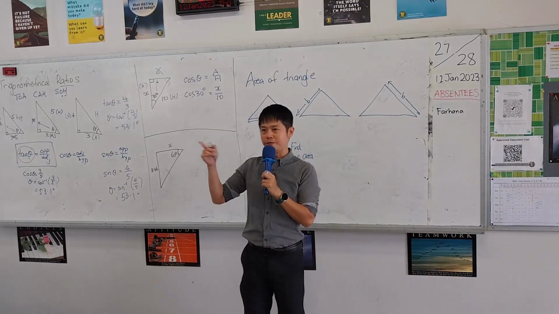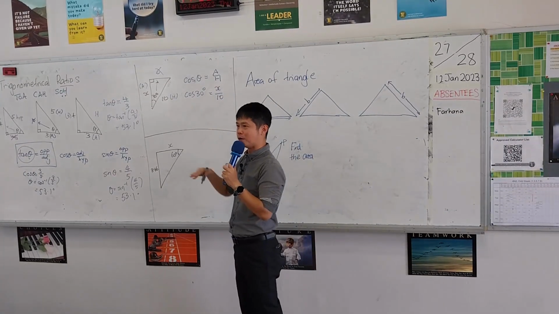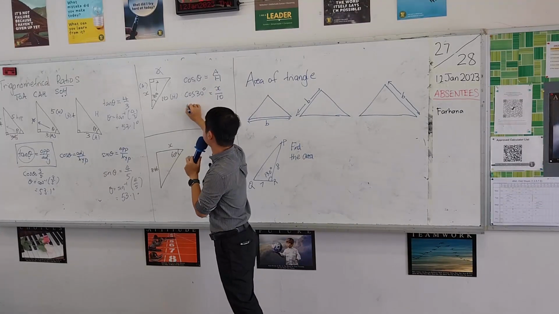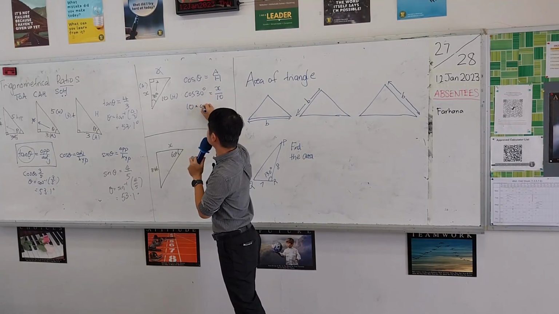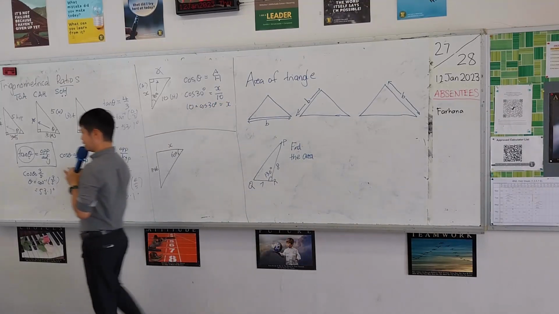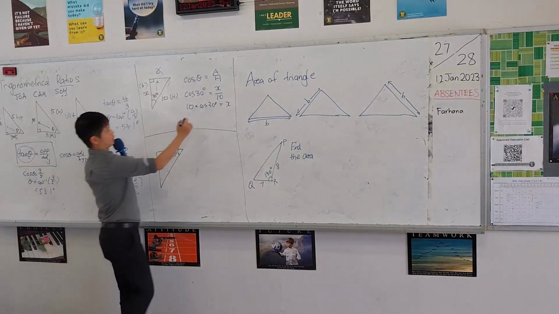What is the opposite of divide? Multiply. So to bring it over, I do the opposite, so it becomes times. I have 10 times cosine 30, and that will give us x. The answer is 8.66. Well done.